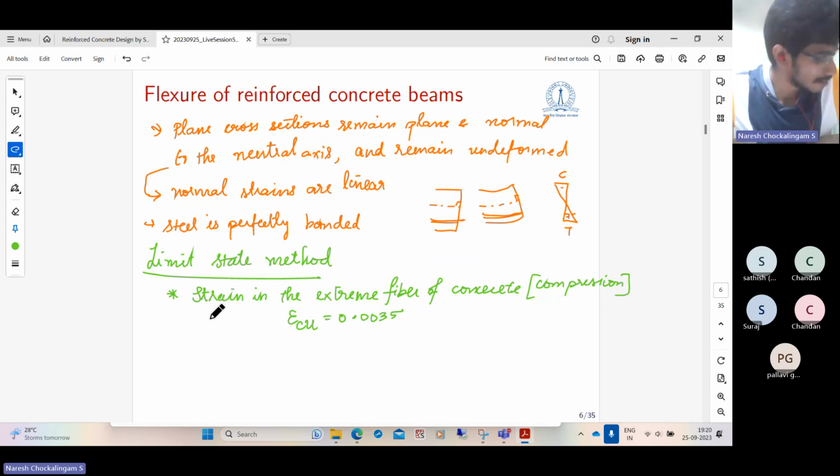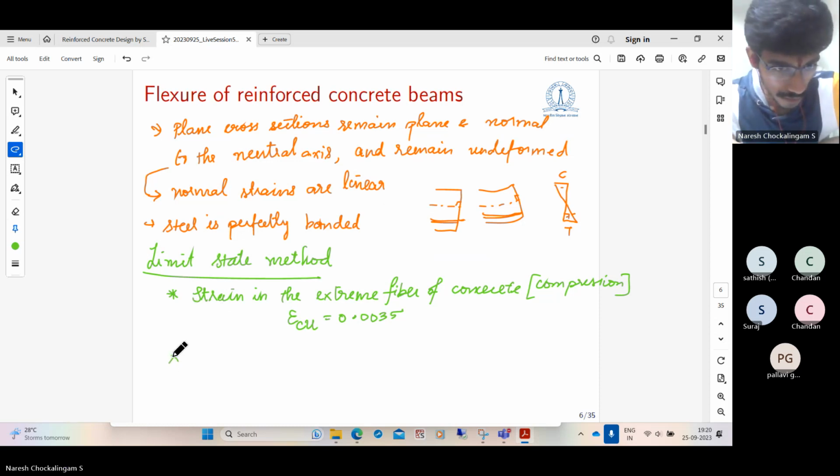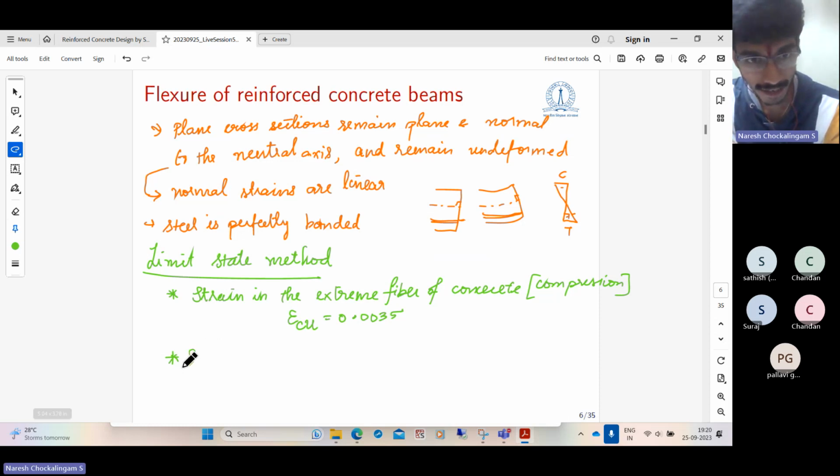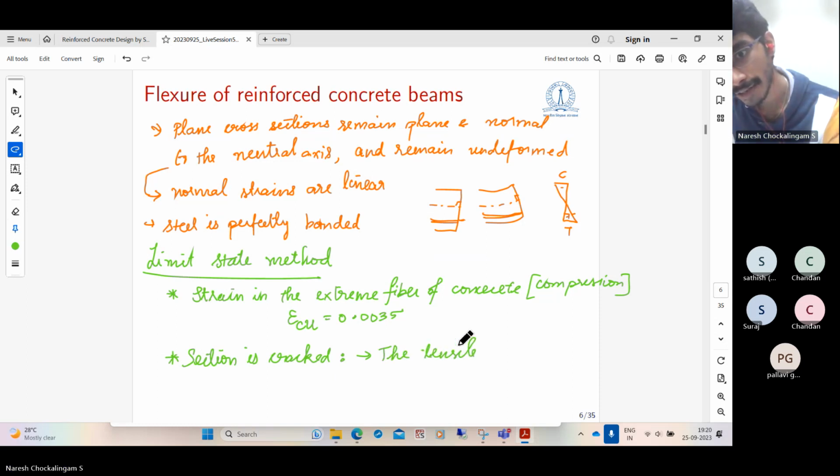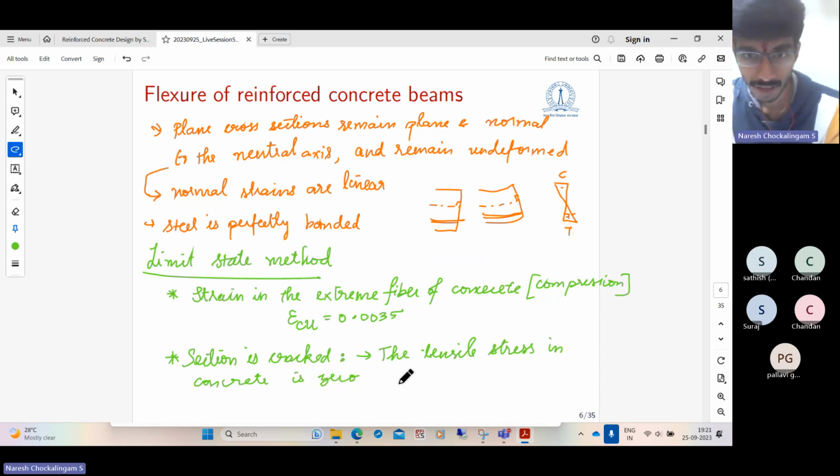Then we assume that the section is cracked. By that, we mean the tensile stress in concrete is 0. Therefore, the ultimate limit state assumes that the section has cracked everywhere below the neutral axis.